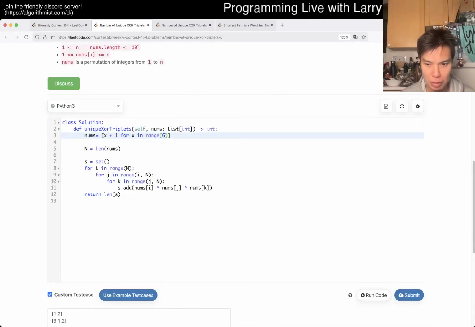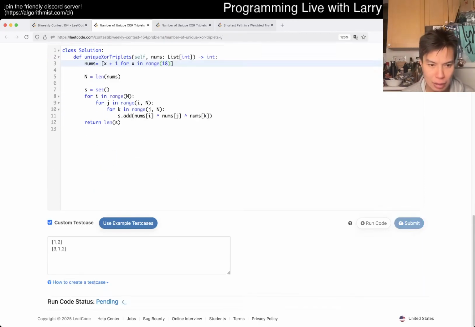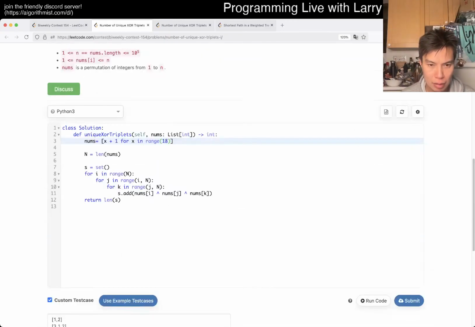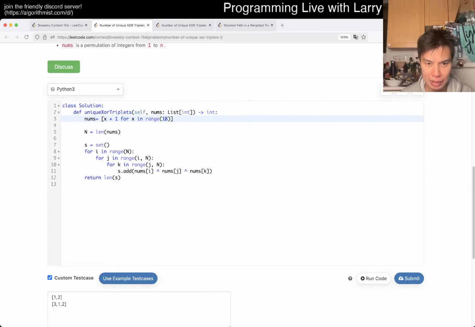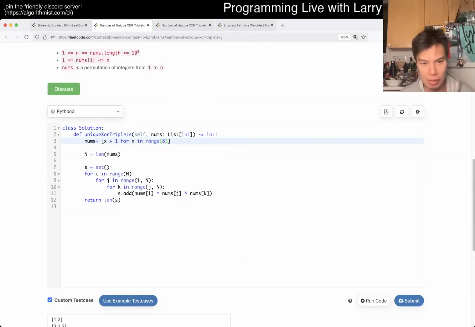Okay, is it just powers of 2? I mean, I thought it was, but I just couldn't prove it. So then now it would be 8. Wait, oh no, I bought 18. Okay, I mean, I guess that is that.